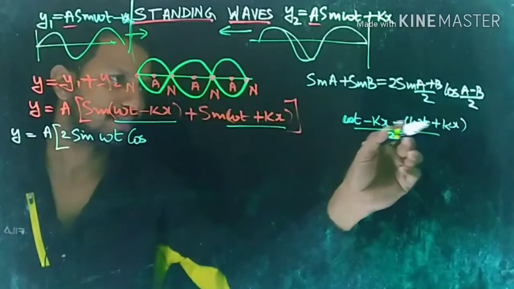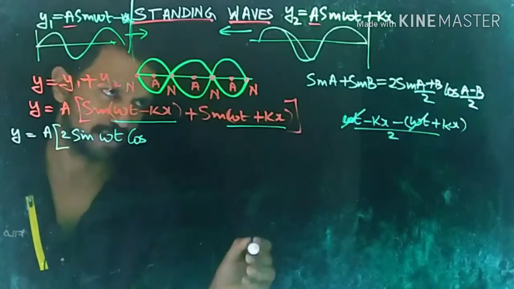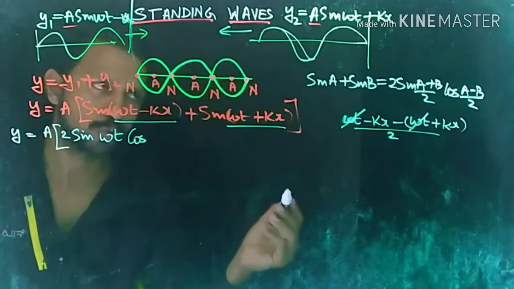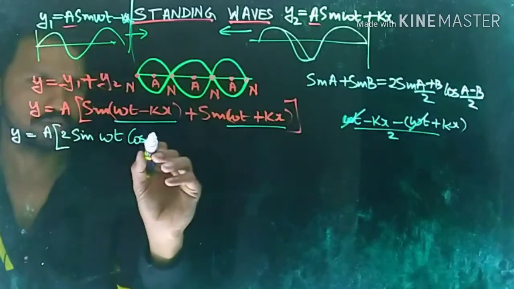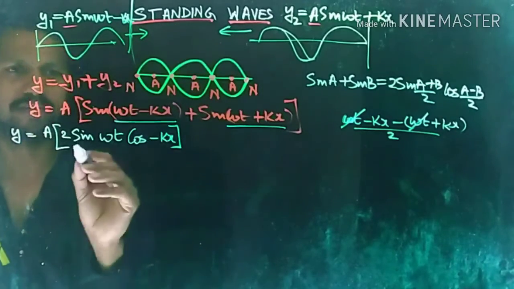On expanding this bracket, we could cancel this omega t and minus omega t. Minus kx minus kx will be minus 2kx. Minus 2kx by 2 is minus kx. Okay, we have an equation like this.